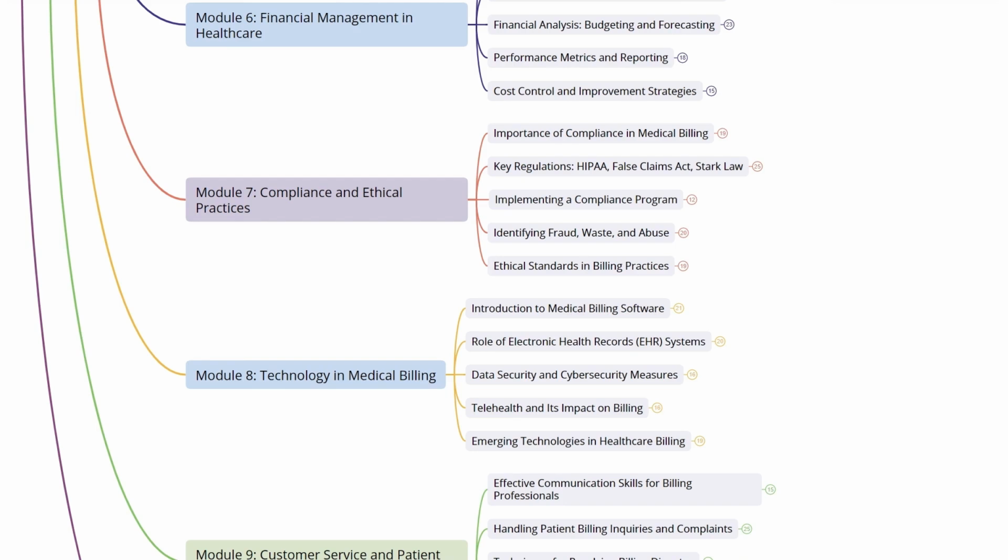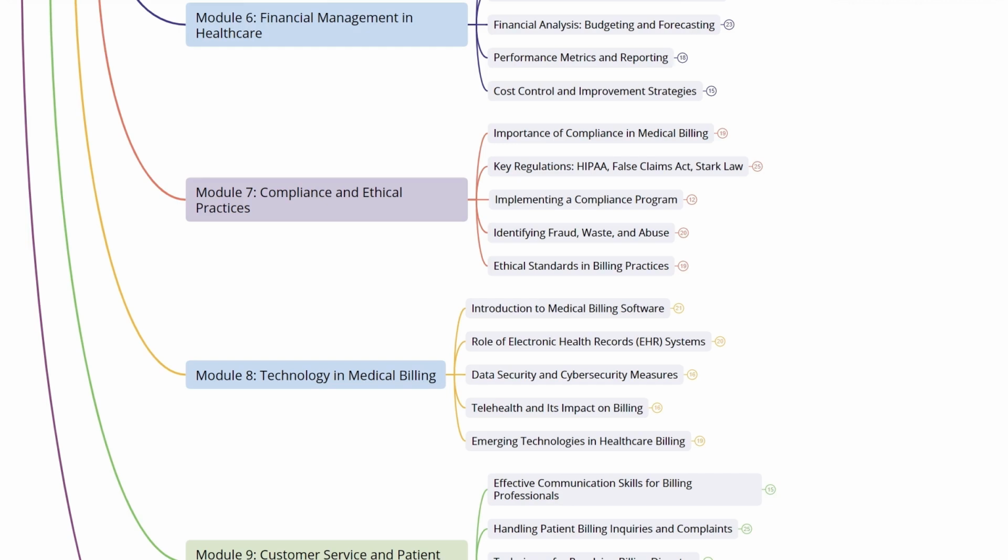Simultaneously, leveraging advanced technology streamlines workflows, enhances security, and prepares organizations for the future of healthcare. By mastering these areas, you will be equipped not only to execute billing tasks accurately, but also to foster a compliant, ethical, and innovative billing environment.